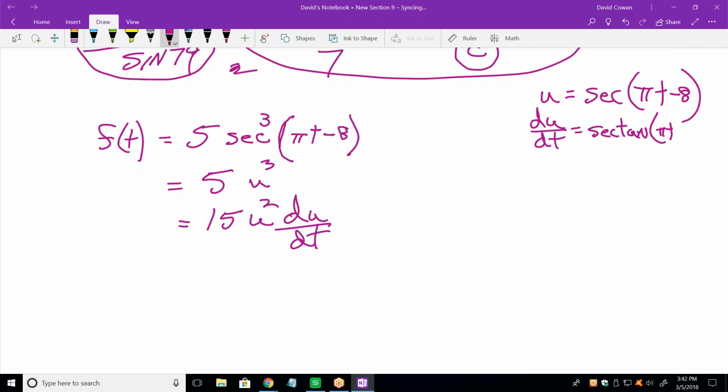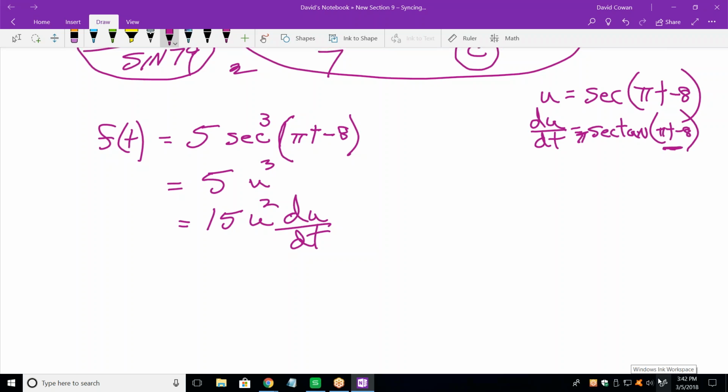Now you have to apply the chain rule a second time here. In other words, we need the derivative of this inside. So what's the derivative of that? The derivative of that is pi. Correct. So I'm going to write that in front over here. So that's what du dt is.